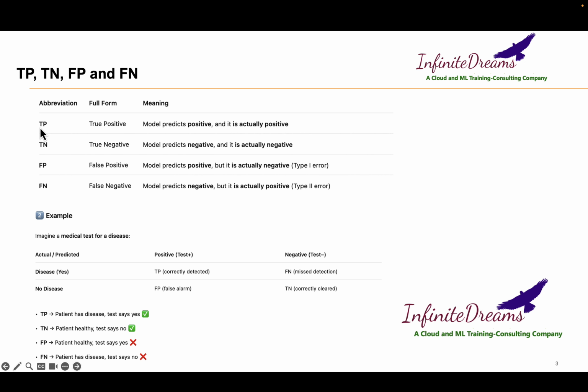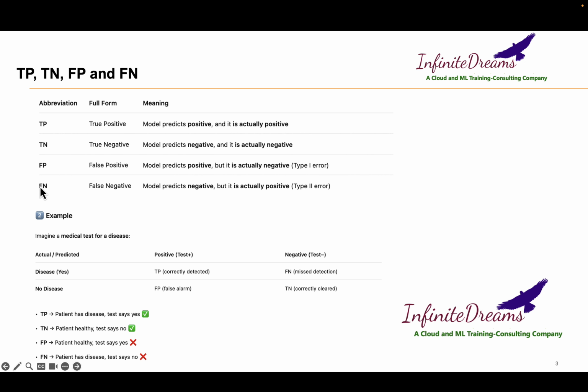The first one is the real data, the last one is the model performance. Second, the model says it's negative and actual data is also negative, because it's true. Here the model says positive but actual data says it's negative. In the same way the model says it's negative but actual data says it's positive, it's the opposite, it's a false.